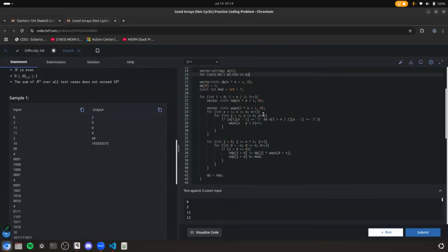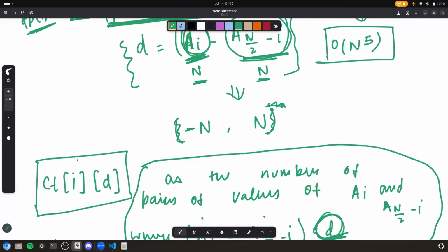I take the input x, and now what we have here is we just initialize n square dp, which would be the 0th state for now, and new dp would be filled by this. And what is ways? Ways is basically what cnt was here.